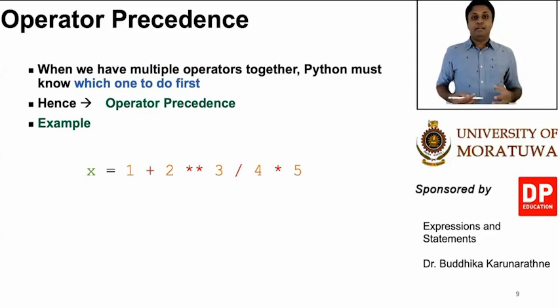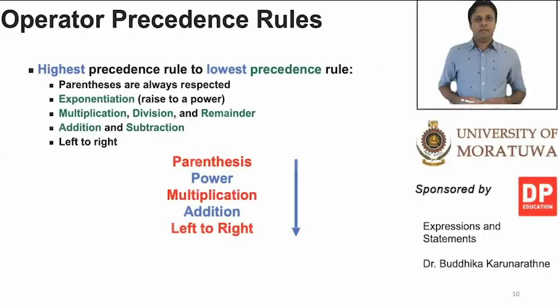It helps us to decide which operation to do first and which one to do next, and so on. So we can understand the need for a set of rules for operator precedence. Here are the rules. Parentheses should be evaluated first, and then look at exponentiation.